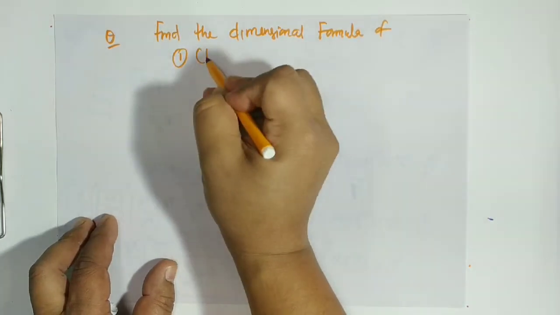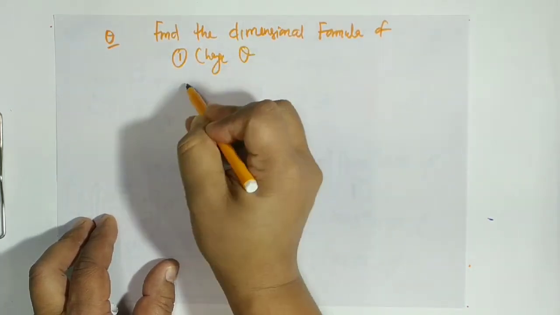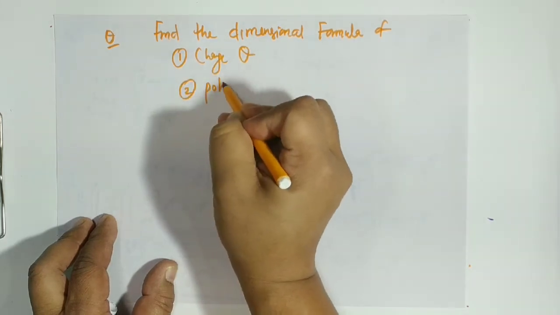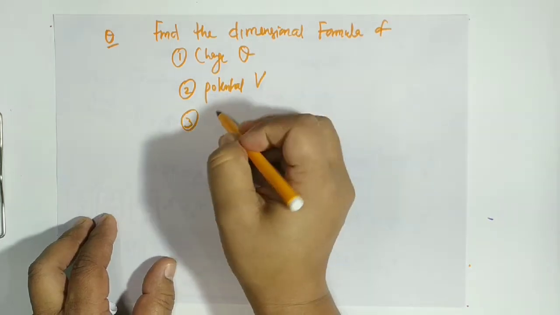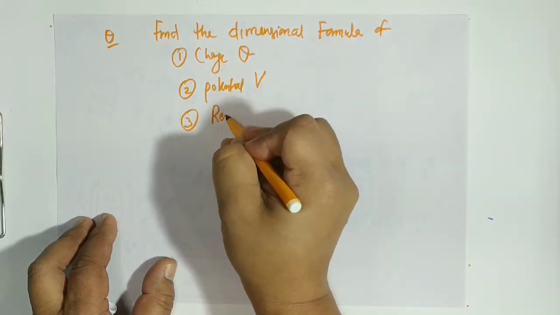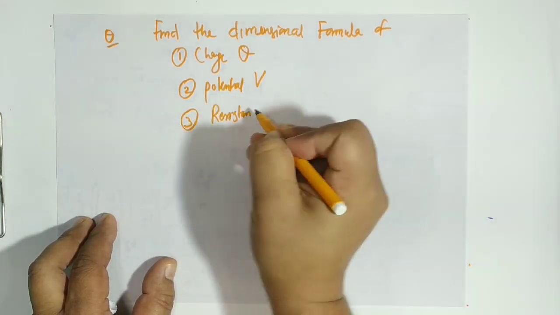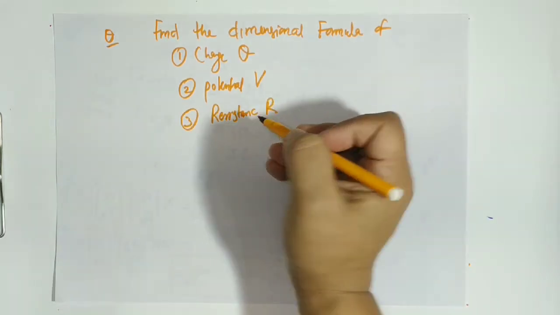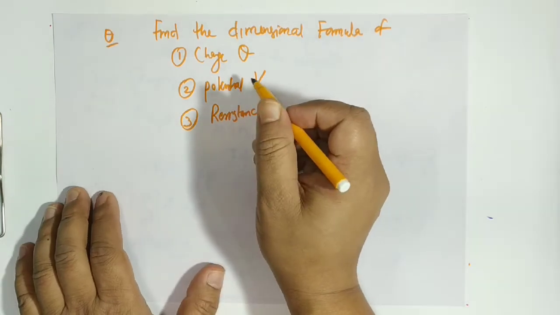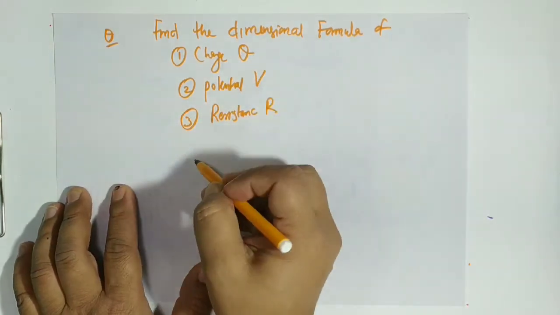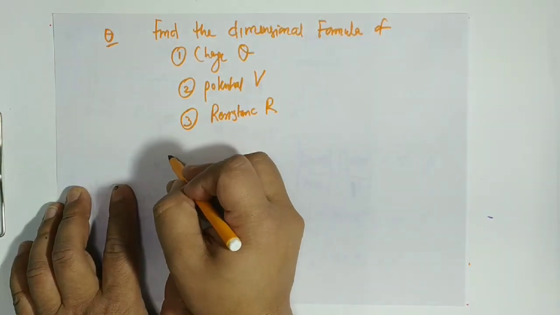One is charge Q. Second is potential V. Third is, have you heard about the resistance? Yes, resistance R. Now these three quantities you have gone through in class 10th, but now they will be in class 12.